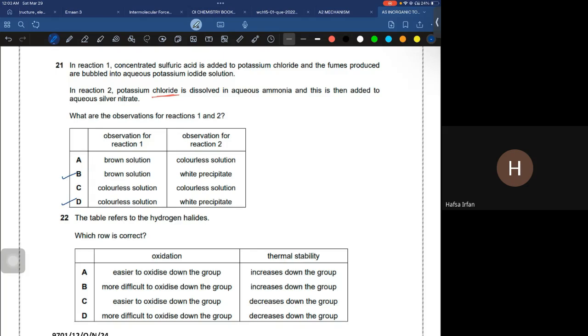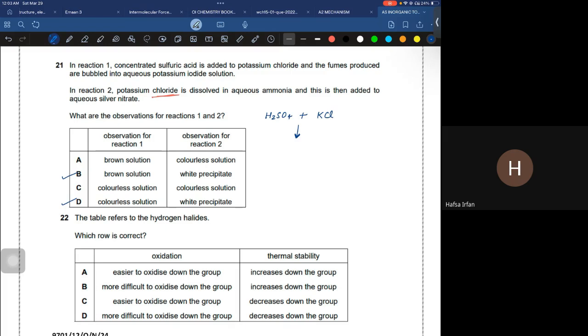Then what do you think? What's the correct option? In reaction 1, concentrated sulfuric acid, H2SO4, is added to potassium chloride, KCl, and the fumes produced are bubbled into aqueous potassium iodide solution. First tell me, what is the reaction of sulfuric acid with potassium chloride?